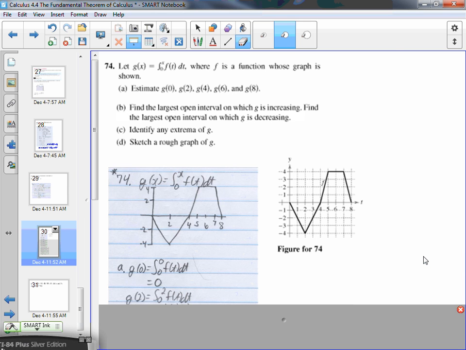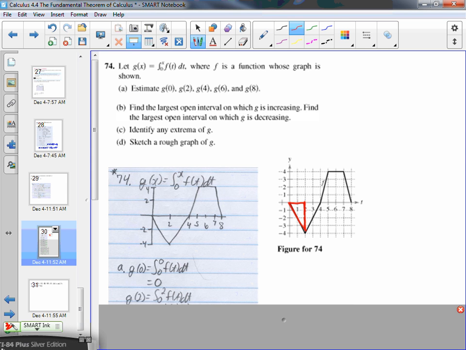Well, from 0 to 2, that region's completely below the x-axis, so we will get a negative signed area for this definite integral, won't we? All right? And that region is in the shape of a triangle.